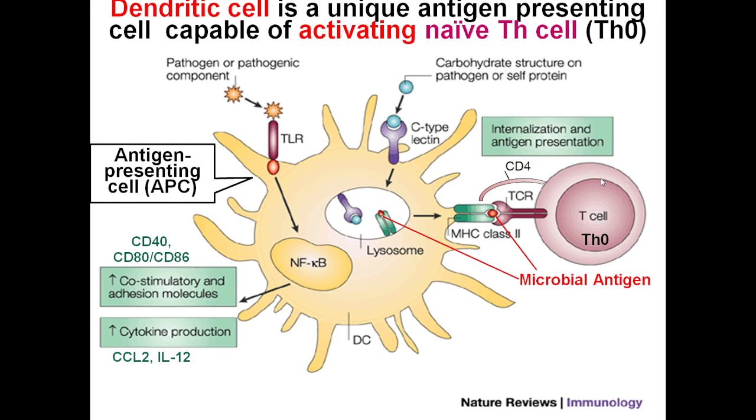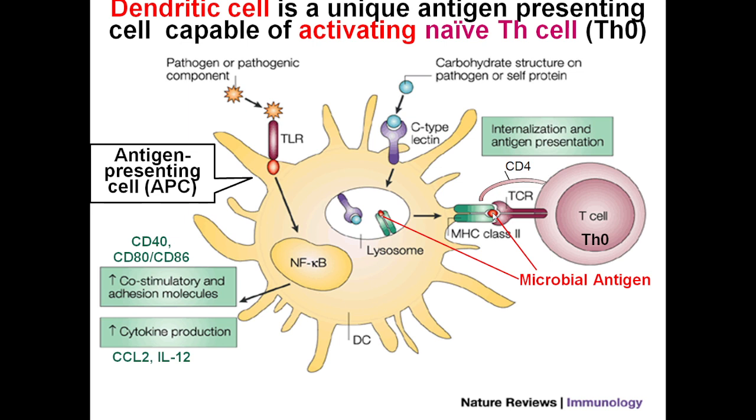Naive T helper cell, by its T cell receptor, specifically reacts to the antigenic peptide. Only T helper cells that specifically recognize this peptide may be activated. The vast majority of the cells have different specificity, and only a few cells would be activated by this antigen.